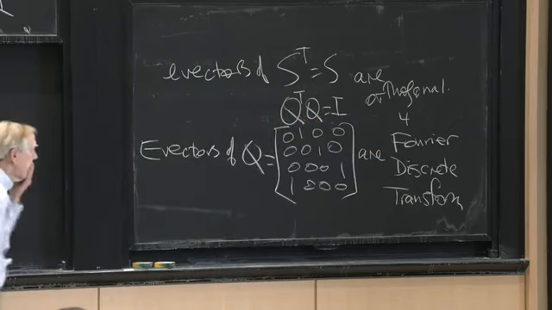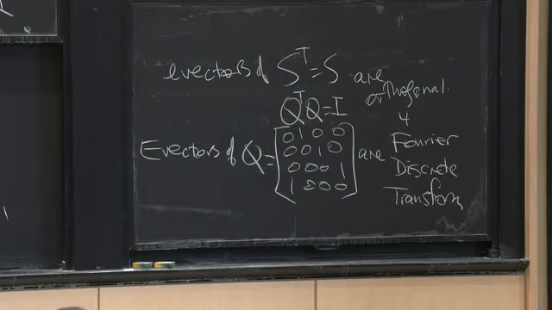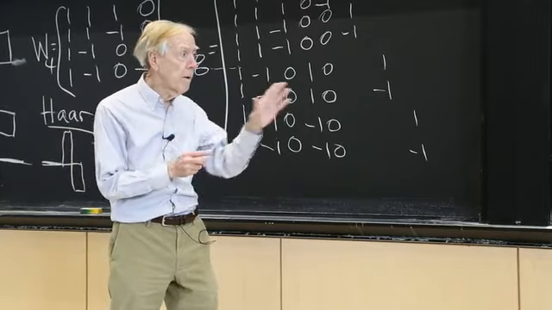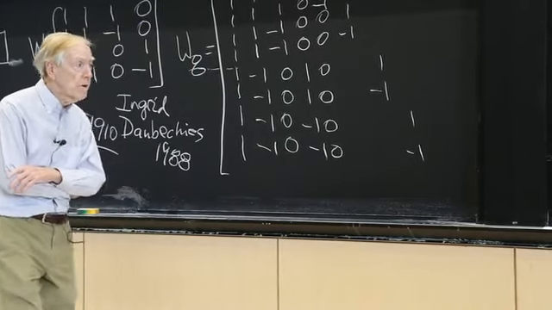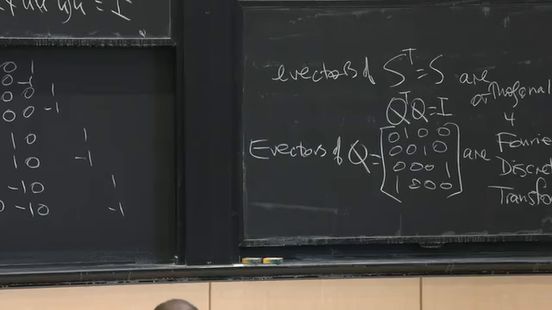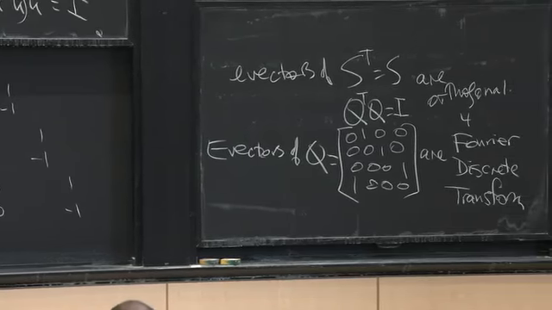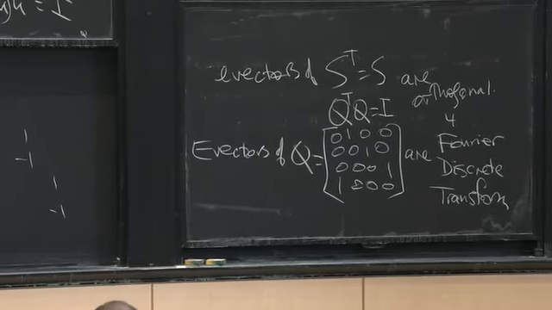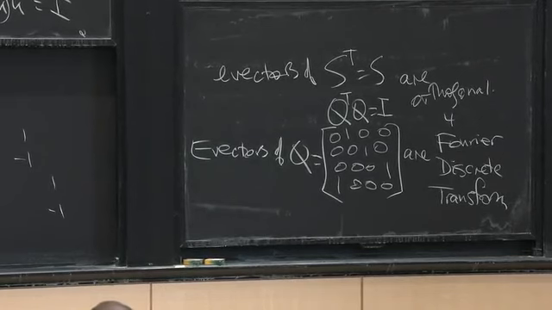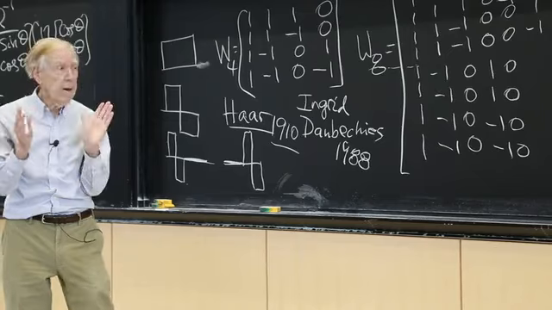Yeah. The eigenvectors of that matrix, first of all, they are orthogonal. And then second and more important, they're tremendously useful. They're the heart of signal processing. You know, in signal processing, they just take the discrete Fourier transform of a vector before they even look at it.